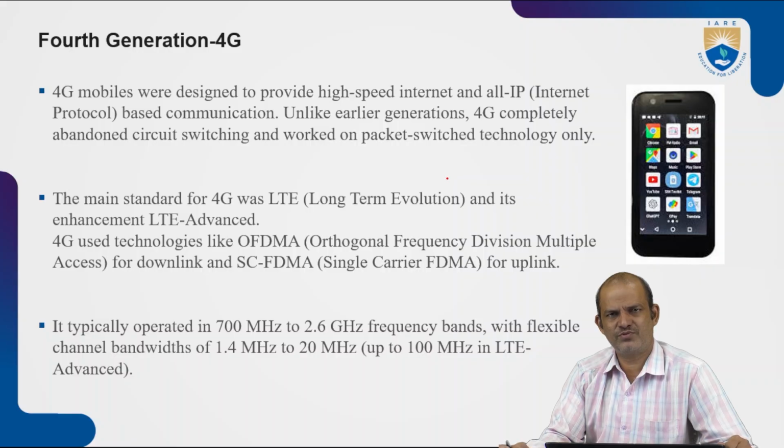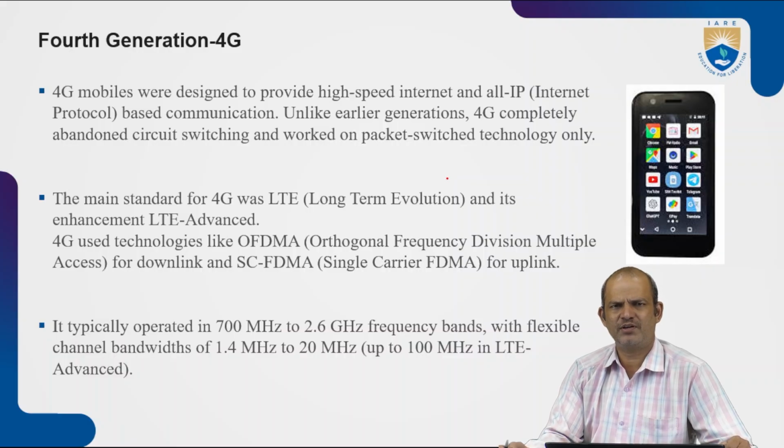The main standard for 4G was LTE, long-term evolution, and its enhancement, LTE Advanced. 4G uses the technologies OFDMA, orthogonal frequency division multiple access, for downlink, and SC-FDMA, single carrier FDMA, for uplink. Typically operated in 700 MHz to 2.6 GHz frequency bands with flexible channel bandwidths 1.4 MHz to 20 MHz, up to 100 MHz in LTE Advanced.